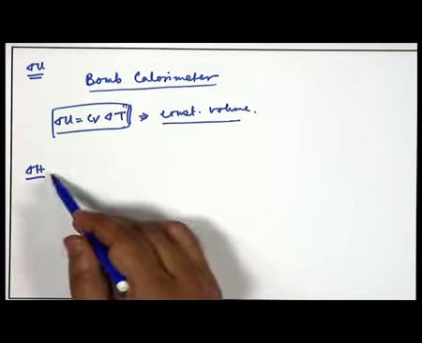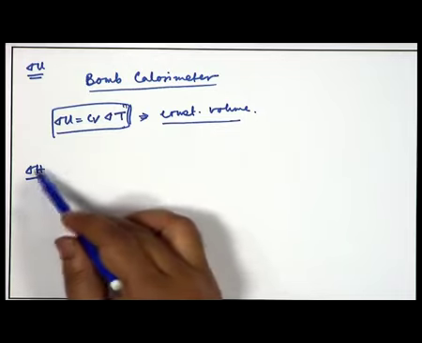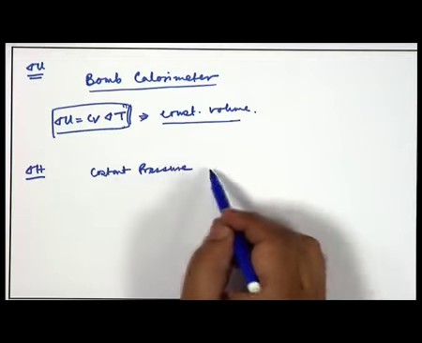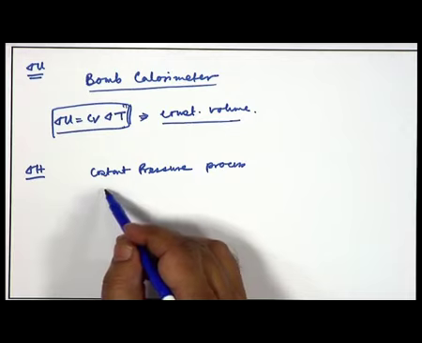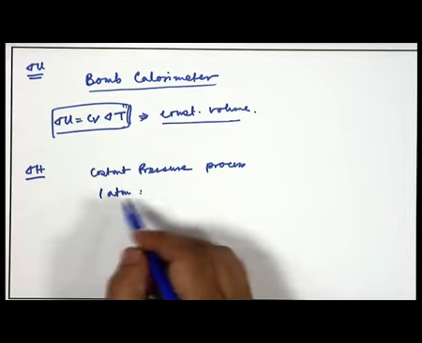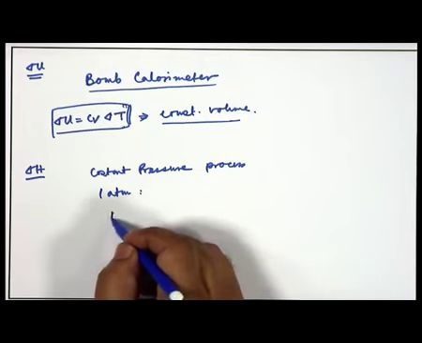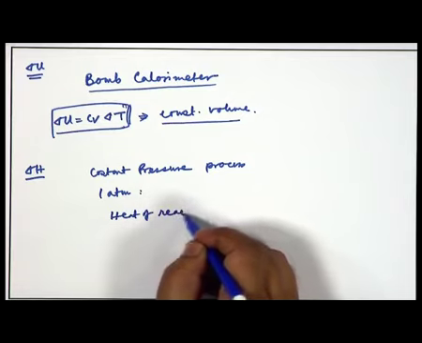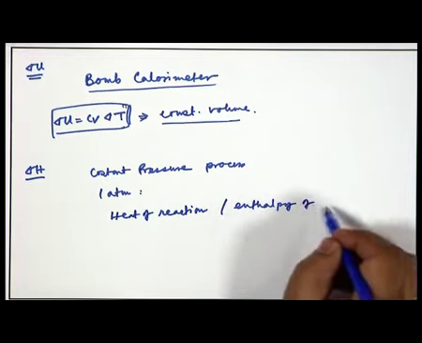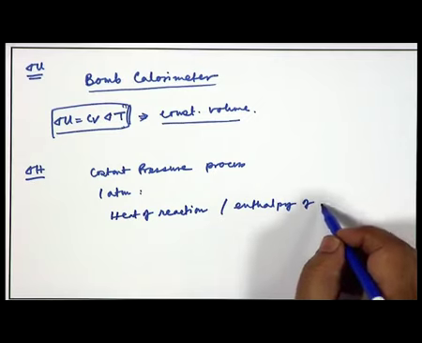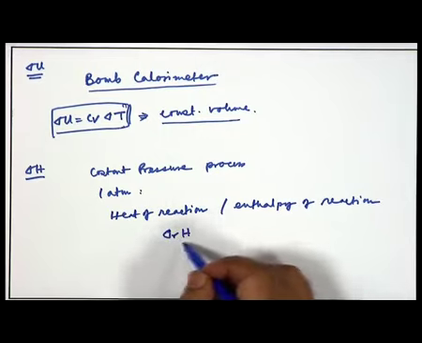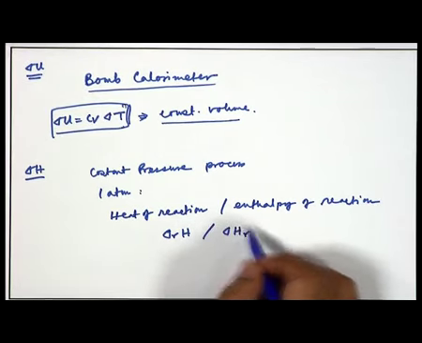Generally del H is obtained by measuring the heat exchange at constant pressure processes, and generally the pressure is kept at 1 atmosphere or atmospheric pressure, and the heat which gets exchanged or generated, we call that the heat of the reaction or enthalpy of reaction, and generally we use this symbol del H R. Some books also refer to it as del H R.